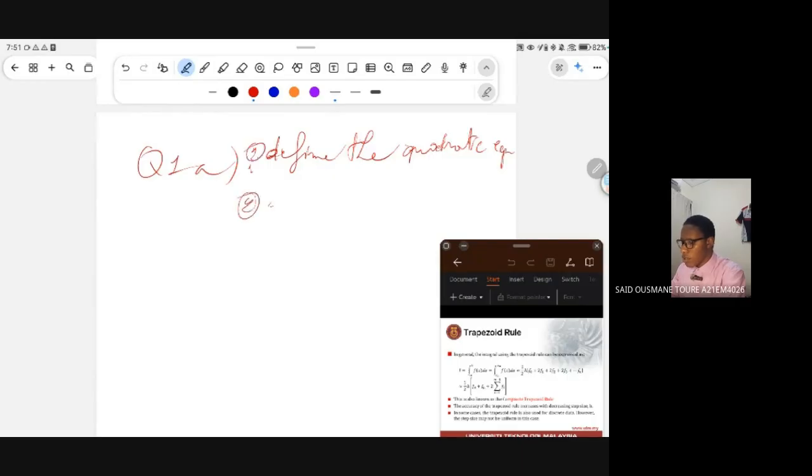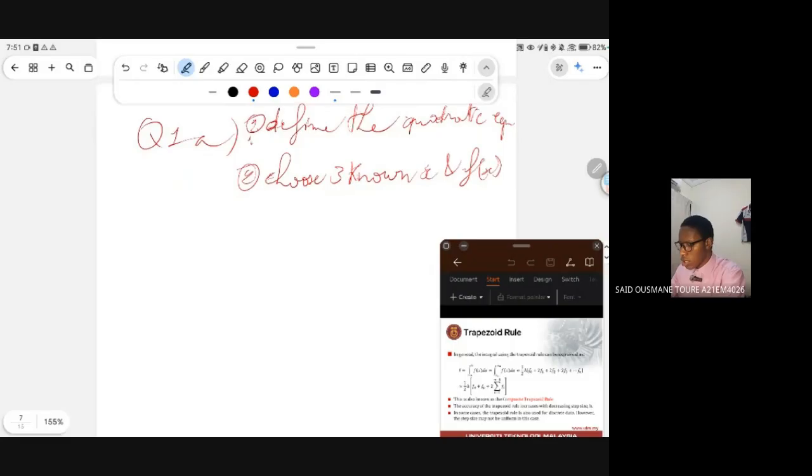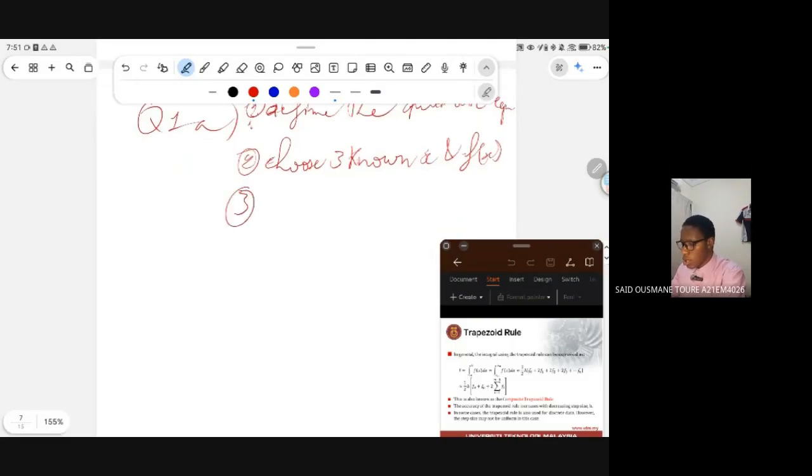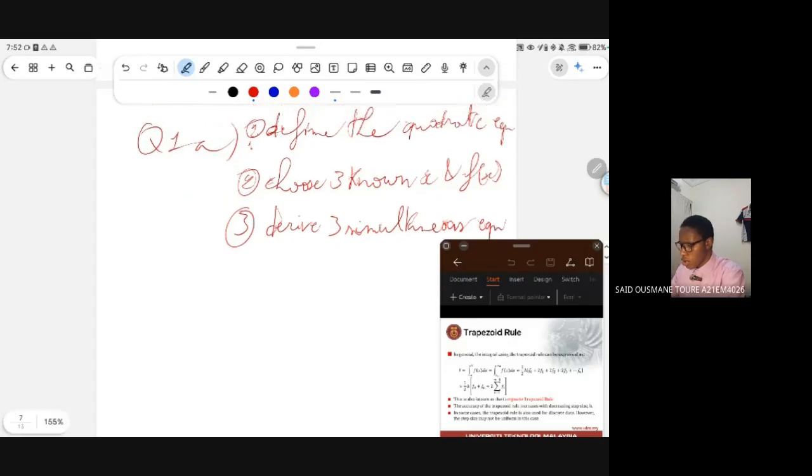Second, choose 3 known x and f of x. Step 3, derive 3 simultaneous equations.